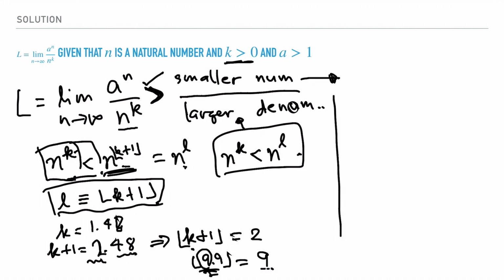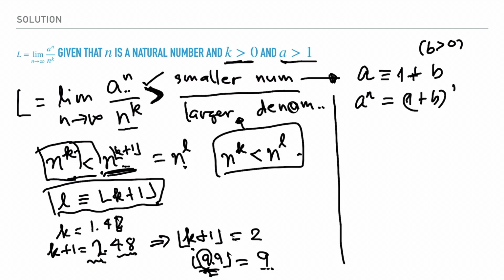The trick I like to use when looking for a smaller term is to express that term in terms of its binomial expansion. Because I know that a is greater than 1, I can represent it as 1 plus some positive number b, so b is greater than 0. The binomial expansion of a to the n is just 1 plus b to the n, and it will have many terms.